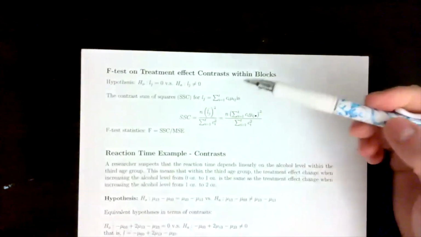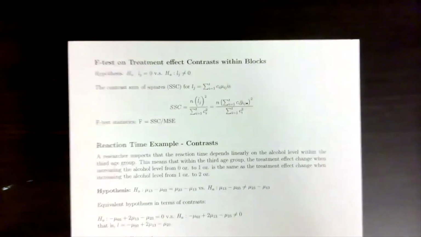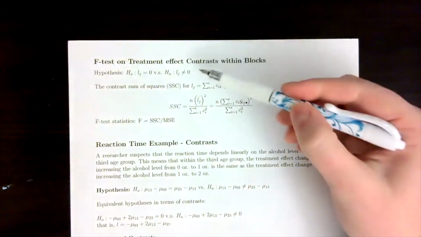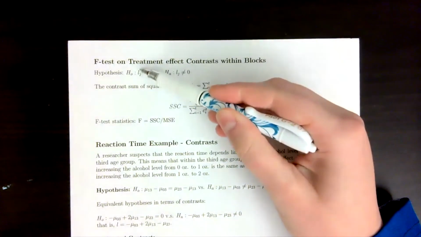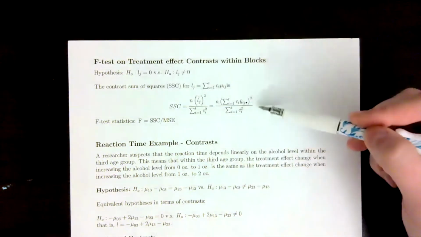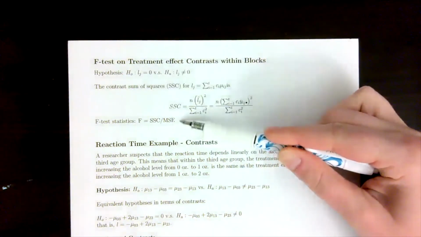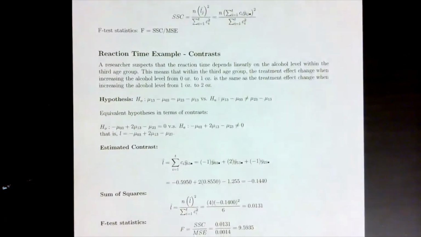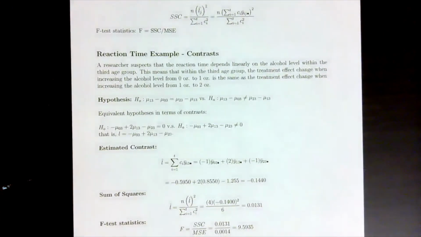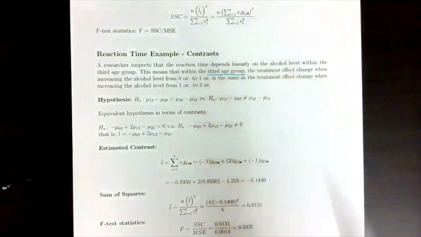So let's go look at our F test again. Our hypotheses are going to be looking at the population contrast for a specific block. Here's our sums of squares contrast. Here's the F test, but let's look at an example. This is the exact same example that we were just looking at before, but now we're interested in just the third age group.